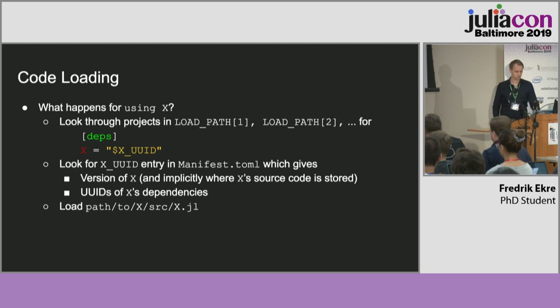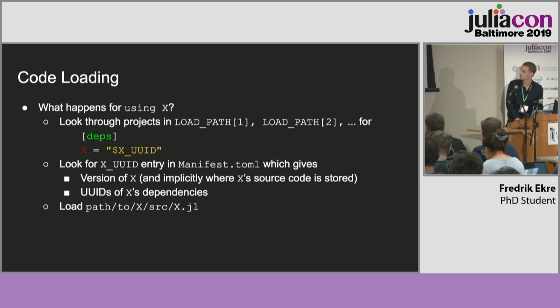So then we know implicitly where the source code of X is stored, since we know the version. And we also get all the UUIDs of X's dependencies, so we can go back and look for the versions of them in the manifest. And then finally we load the module where the X package is defined.